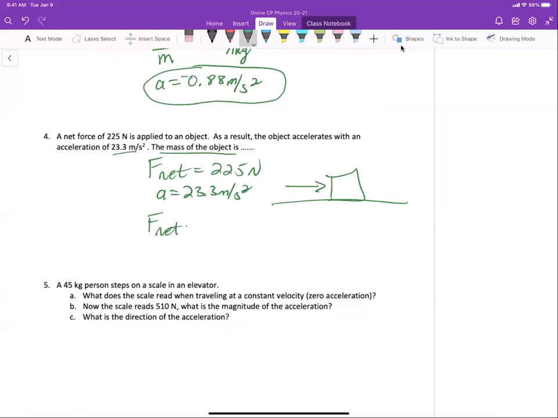Well, we know the net force is equal to mass times acceleration, so mass is equal to net force divided by acceleration, which is equal to 225 newtons divided by 23.3 meters per second squared. Which will give me 9.7 kilograms.